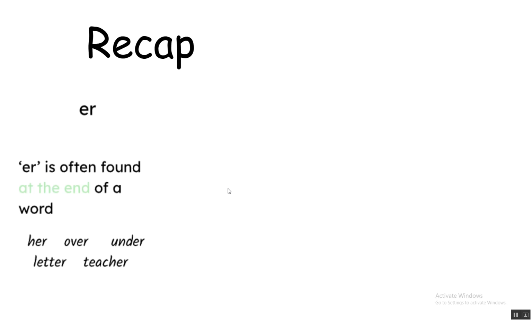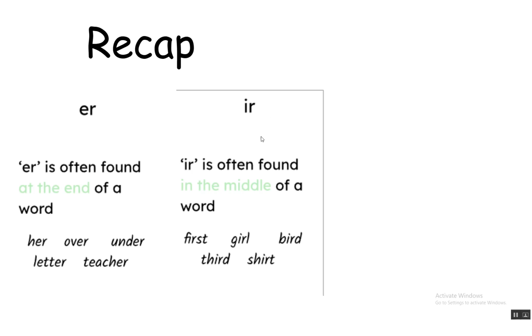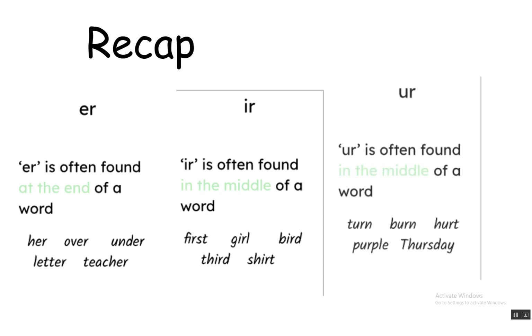So let's recap what we've learnt today. ER is often found at the end of a word or at the end of a two-syllable word. Her, over, under, letter or teacher. IR is often found in the middle of the word. First, ST, girl at the end, bird, D, third and shirt with a T. Make sure you're making a note of the end sounds of these spellings. It will help you recognise them another time.